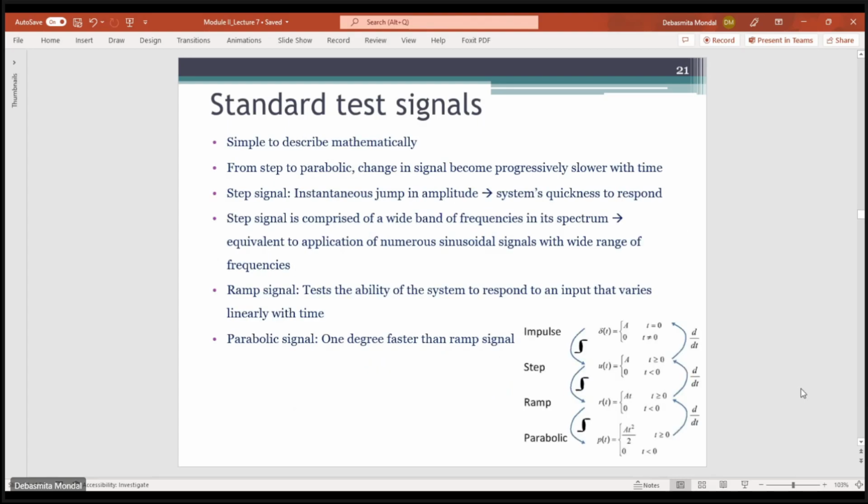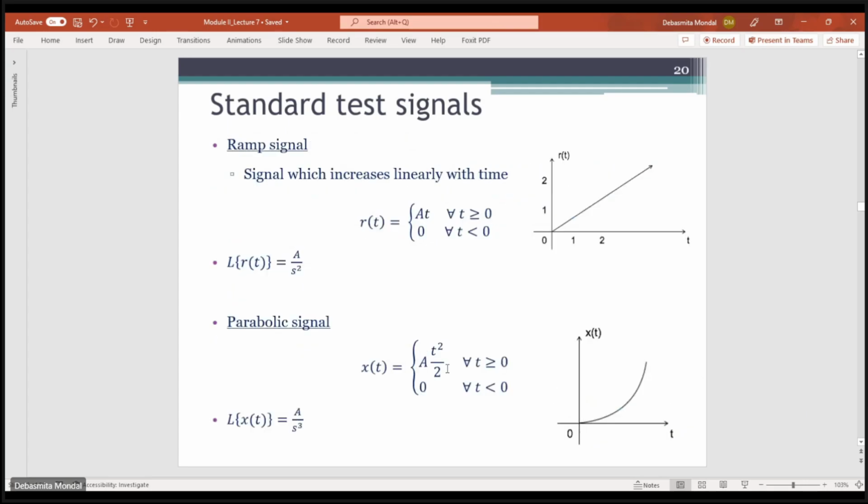Okay, so these are the 4 standard test signals which are generally used. You have seen that the mathematical expressions of these standard test signals are quite simple. The corresponding Laplace transforms are also quite simple.